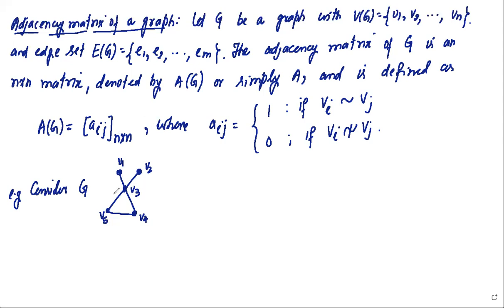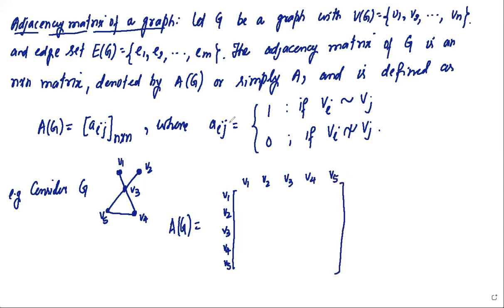Then clearly by definition, the adjacency matrix A will be a 5 cross 5 matrix, where the rows and the columns are labeled by the vertices. The rows are labeled as V1, V2, V3, V4, and V5, and similarly, the columns are also labeled V1, V2, V3, V4, and V5.